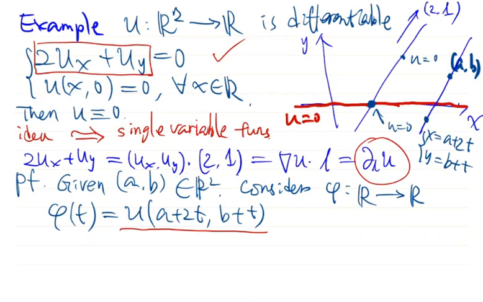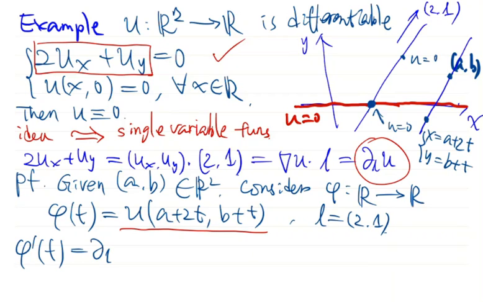Now, as I said before, we want to prove that u is constant along such a line. That is, we need to prove that phi is a constant function. Therefore, we take the derivative of phi. Phi prime(t) is the directional derivative. We denote L to be (2, 1) as before.